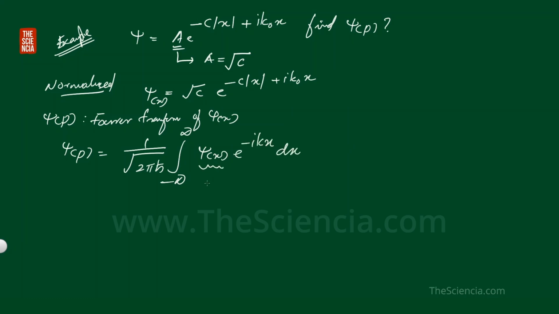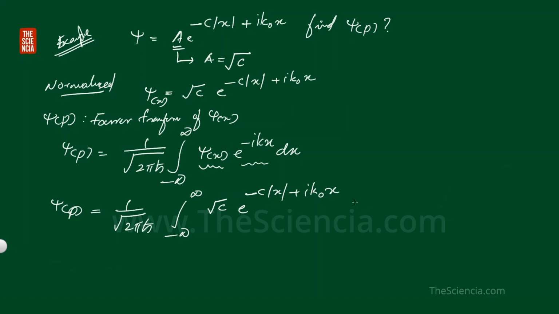Now we have to substitute for psi of x, that is psi of p equal to 1 by root 2 pi h cross integral from minus infinity to infinity, psi of x is root c e raised to minus c mod x plus i k0 x, into this term, that is e raised to minus ikx dx.